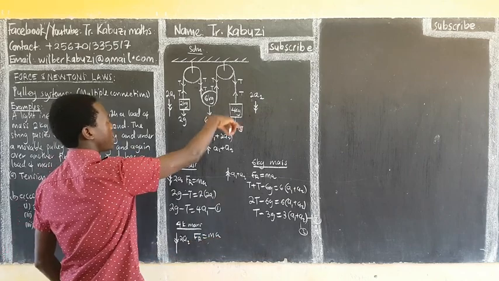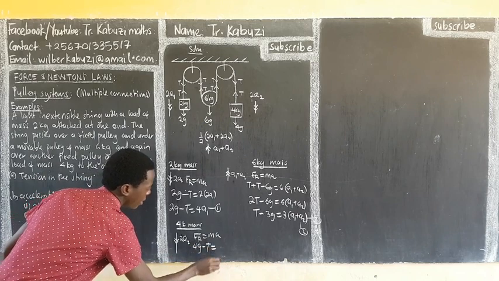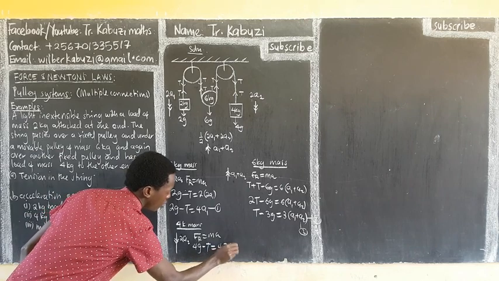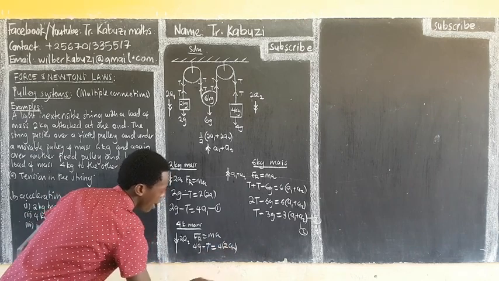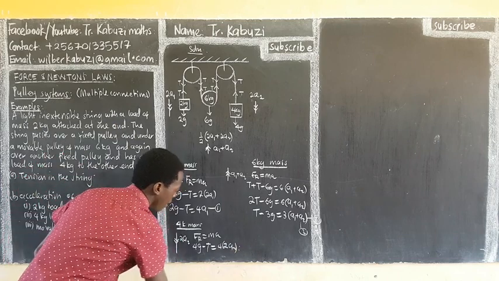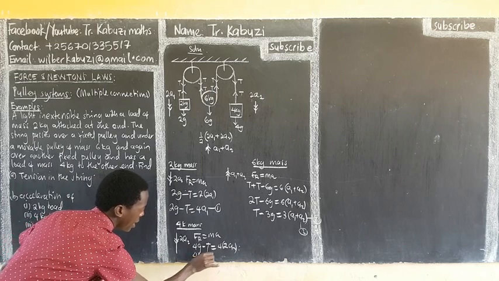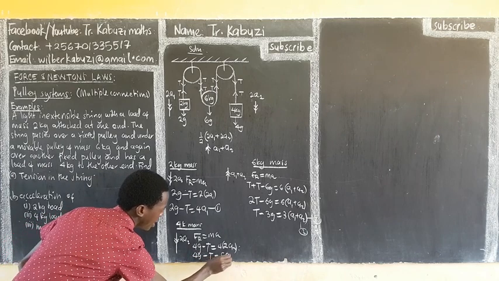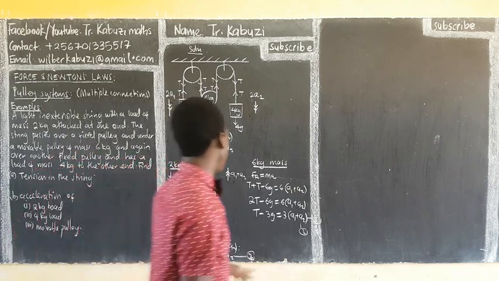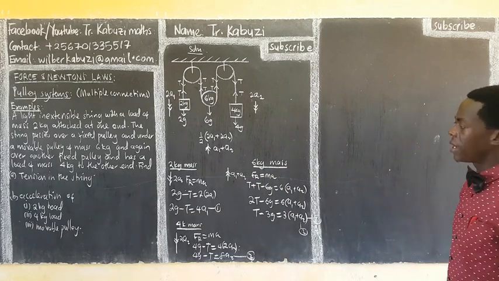My resultant in that direction is 4b minus t equaling the mass 4 times 2a2, the acceleration. From there, 4b minus t equals 8a2, and this will be equation 3. Now I have 3 unknowns and 3 equations which you can easily solve.